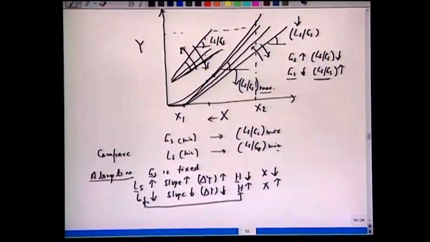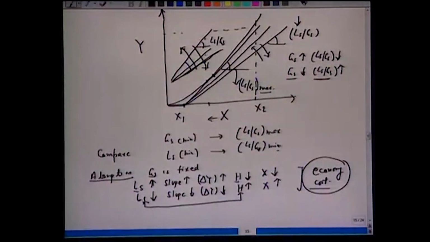If the amount of LS increases, the solvent requirement increases, then the height decreases. Of course, there is an economy here. There is a cost involved. Of course, we do not address too much economy and cost in this course. You will have an opportunity to address this aspect in the design course.